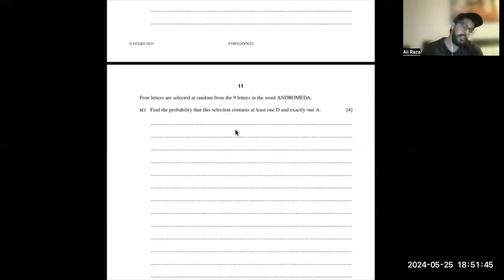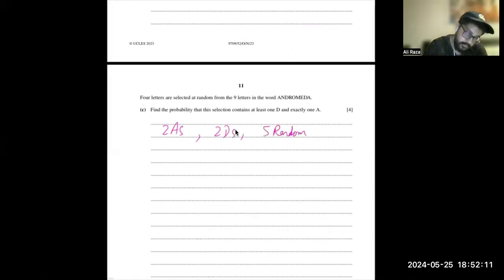For part C, we need to select 4 letters randomly from the 9 letters. And we need to find the probability that this selection contains at least one D and exactly one A. We have 2 A's, 2 D's, and 5 random letters.